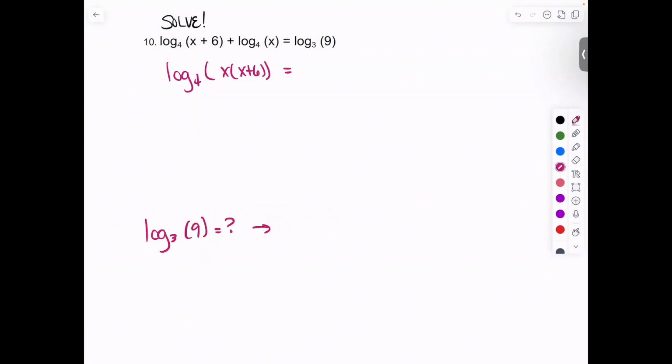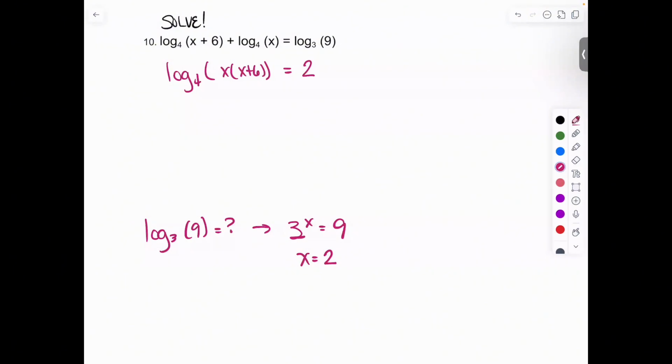Well, we know 3 to the x power equals 9, and that's x equals 2. We know 3 times 3 is truly 9, so I'm going to pop a 2 in there. And this is just simply converting our log expression to an exponent expression to evaluate our logs. That's how we evaluate logs in the log world.